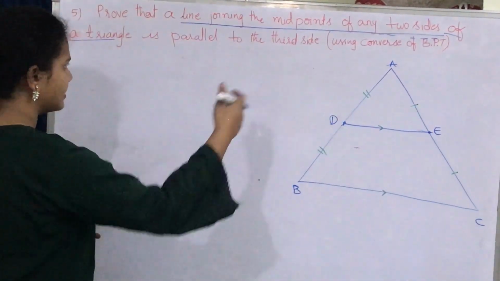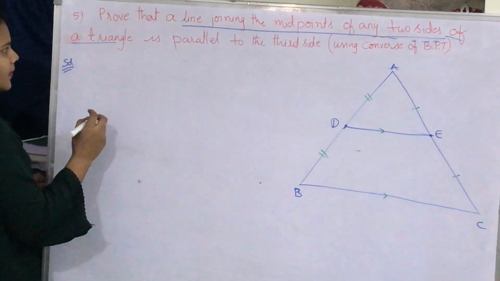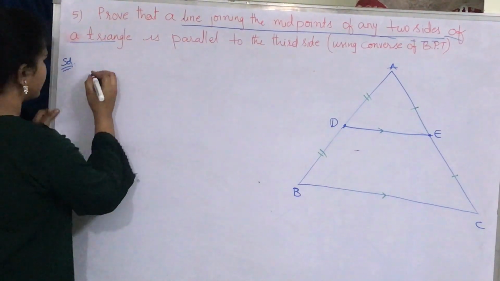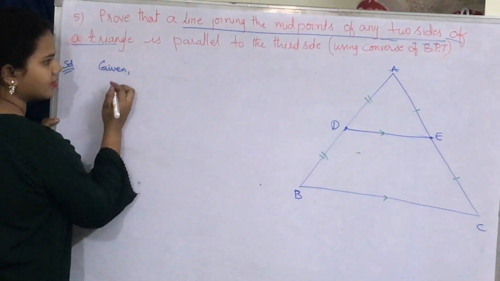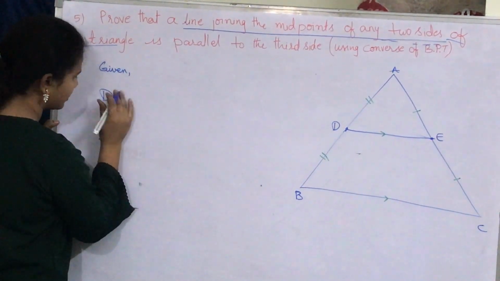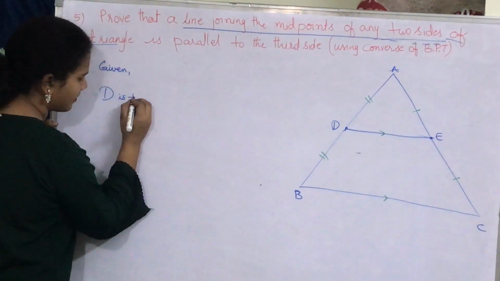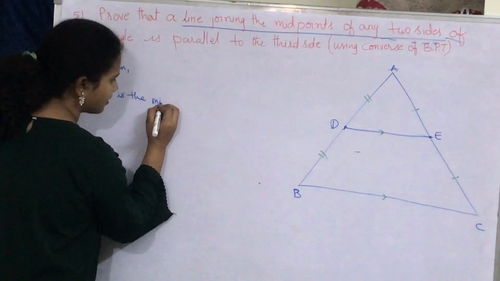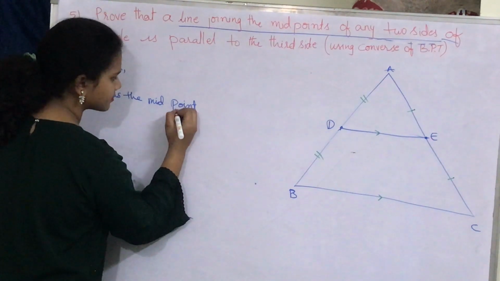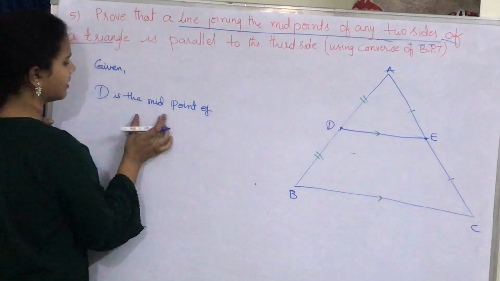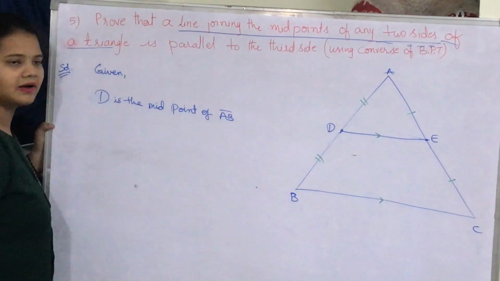So by the converse of basic proportionality theorem, let me solve this question. Given: D is the midpoint of AB, right?